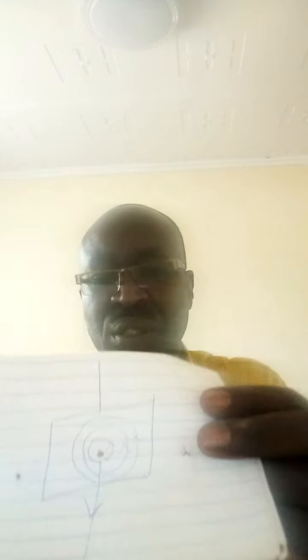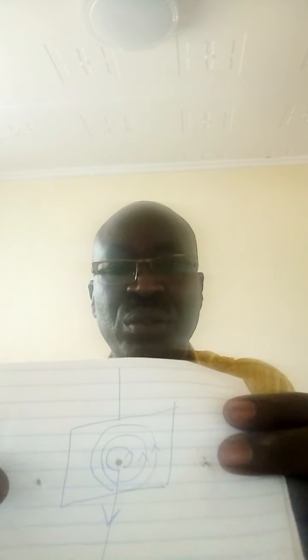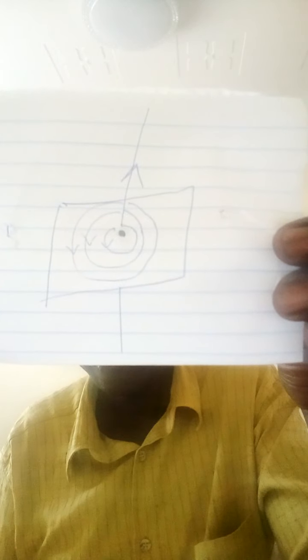Okay, so we are saying if the direction of the current is towards you, you can see now the way it is. That is what we call Fleming right hand grip rule.